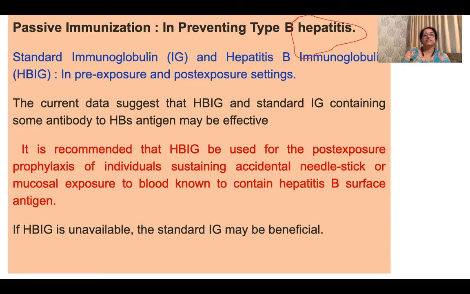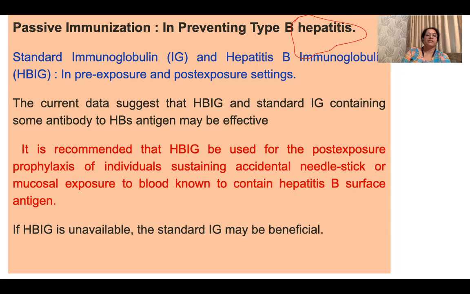The current data suggest that HBIG and standard immunoglobulin containing some antibodies to HBs antigen may be effective. It is recommended that HBIG be used for post-exposure prophylaxis of individuals sustaining an accidental needle stick or a mucosal exposure to blood known to contain hepatitis B surface antigen.